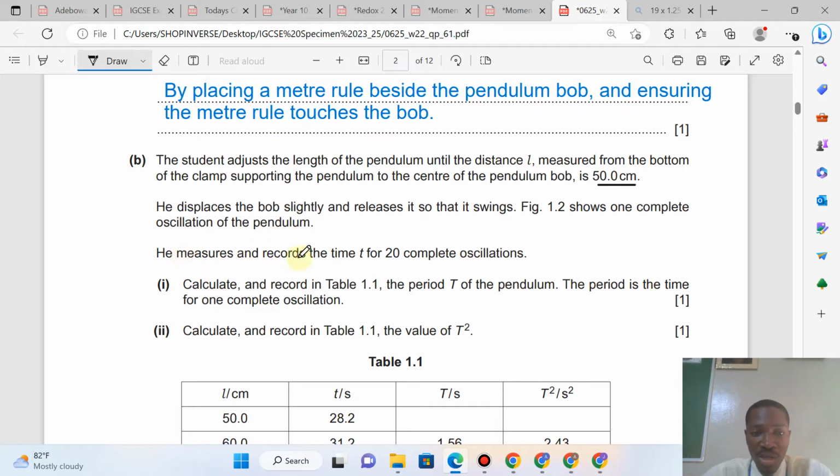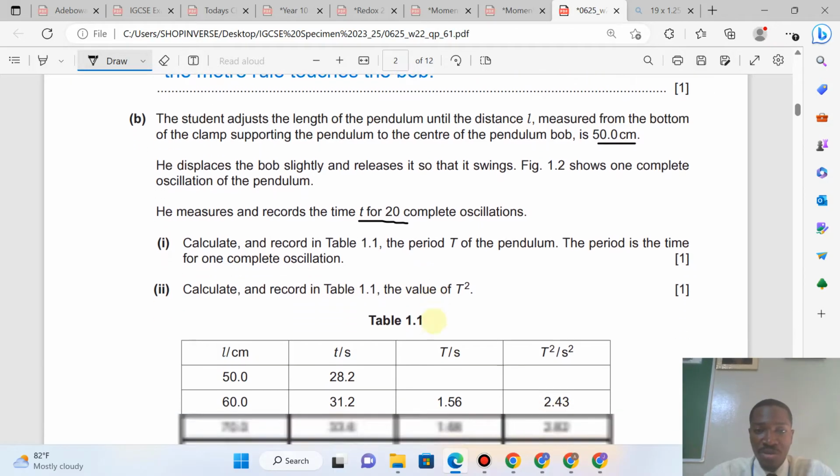He measures and records the time t for 20 complete oscillations. Calculate and record in table 1.1 the period T of the pendulum. The period is the time for one complete oscillation. Calculate and record in table 1.1 the value of T squared.